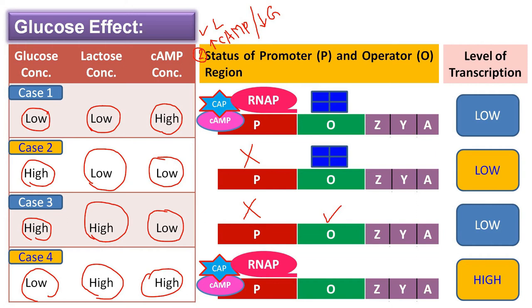Because of this, a unique pattern of growth called diauxic growth is observed in bacteria. For more details, you can check my video on diauxic growth. For that, click on the I button.